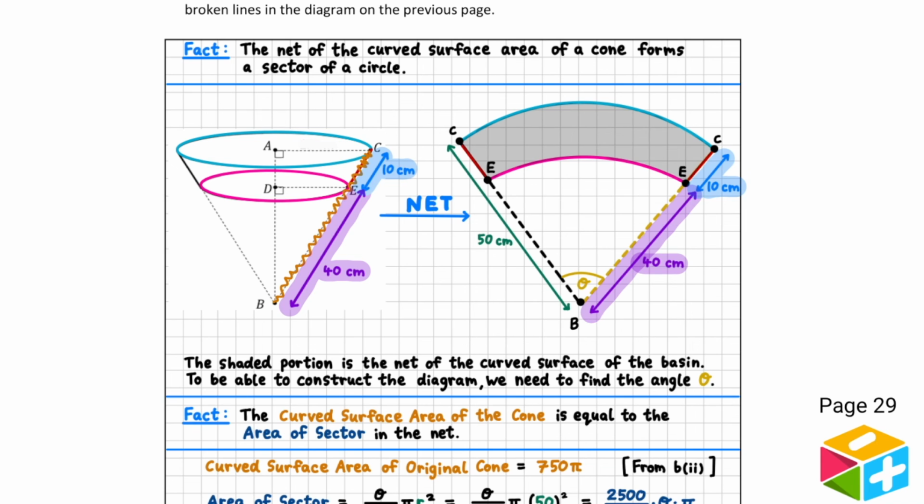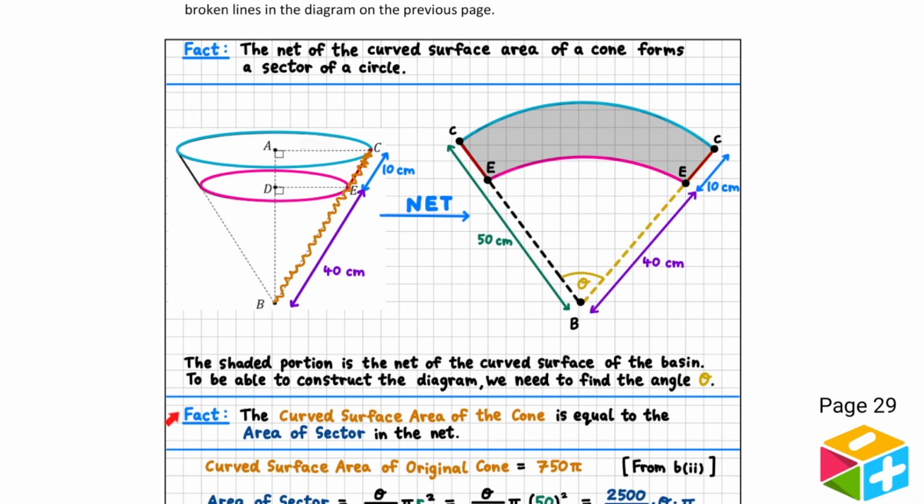Adding these together tells us that BC is 50 centimetres. These side lengths are useful, but they don't paint the full picture. To be able to draw the diagram, we would also need to know the angle at the base of this sector. I've labelled that in as theta. To finish off this question, we'll need to figure out what this angle is.